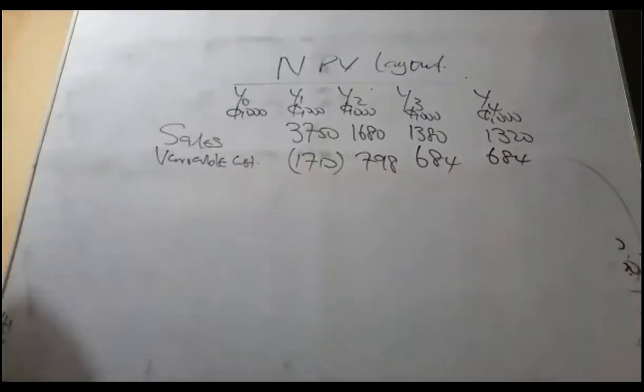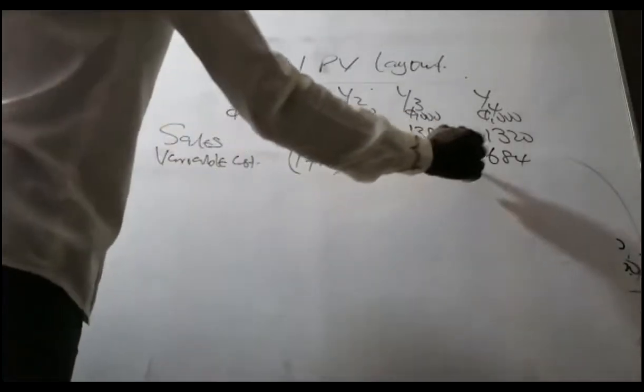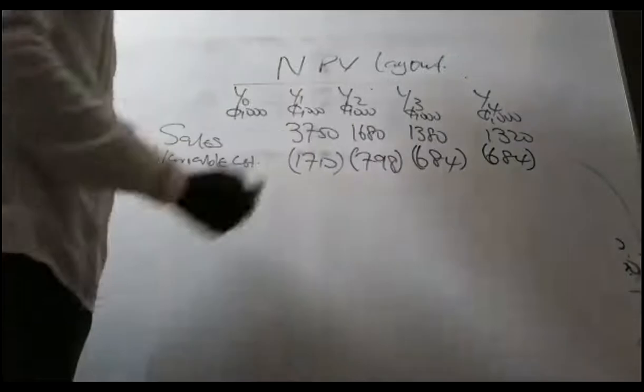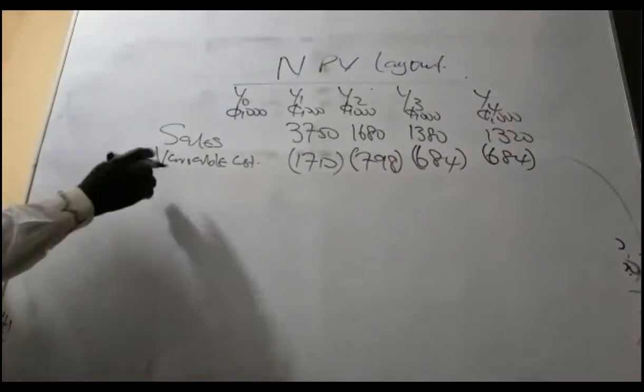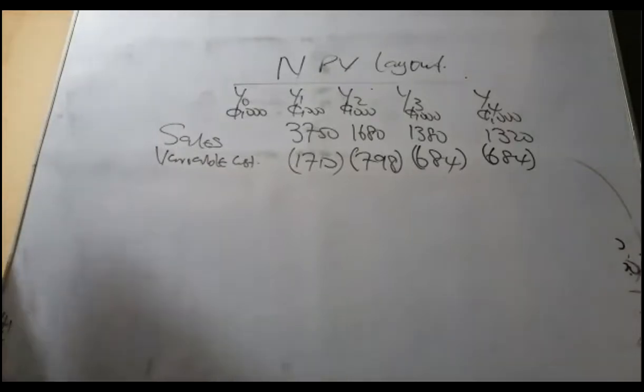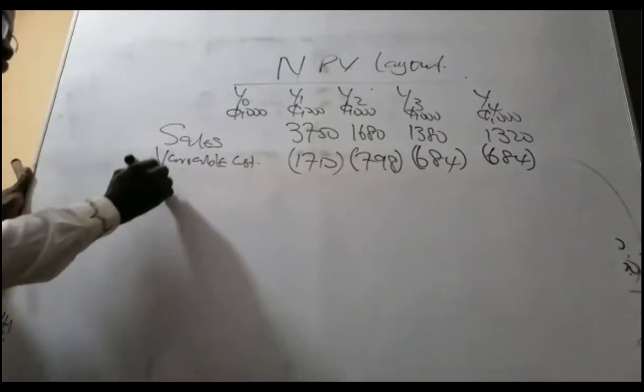Good. So we put them in brackets, since you are subtracting. Here we can just subtract the fixed costs together so that we can get the profit straightforward. Yes, so let's take off the fixed cost straightforward.